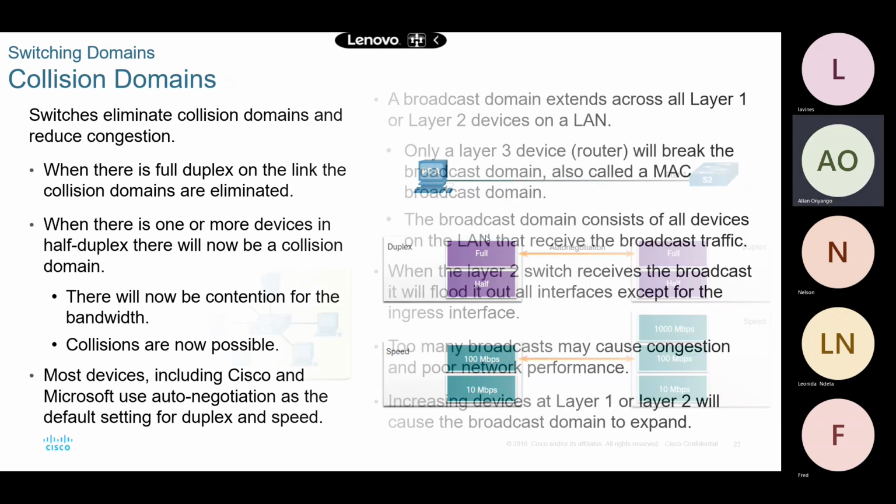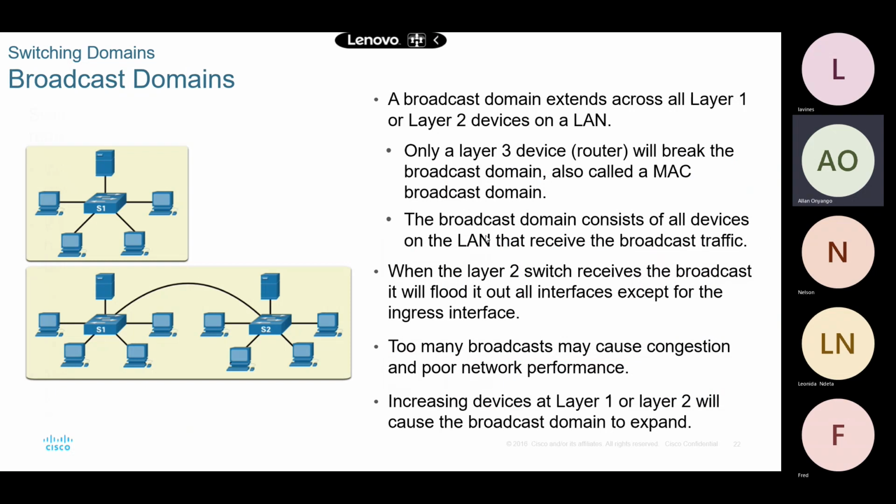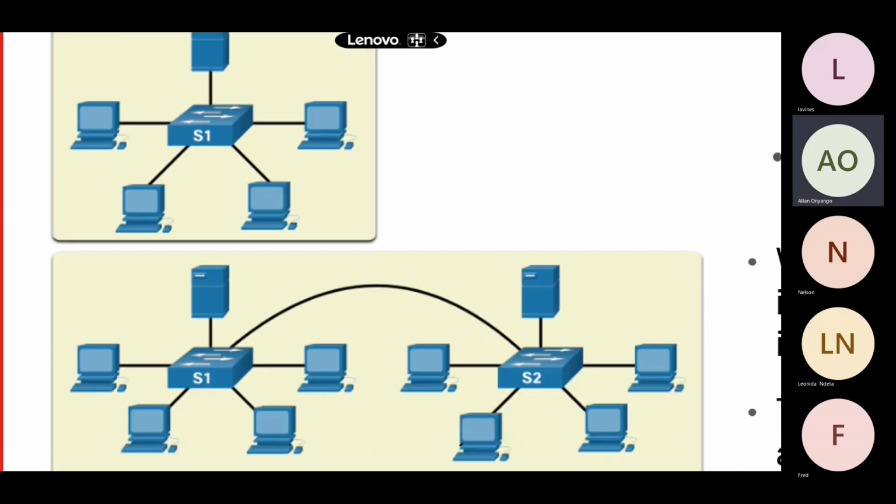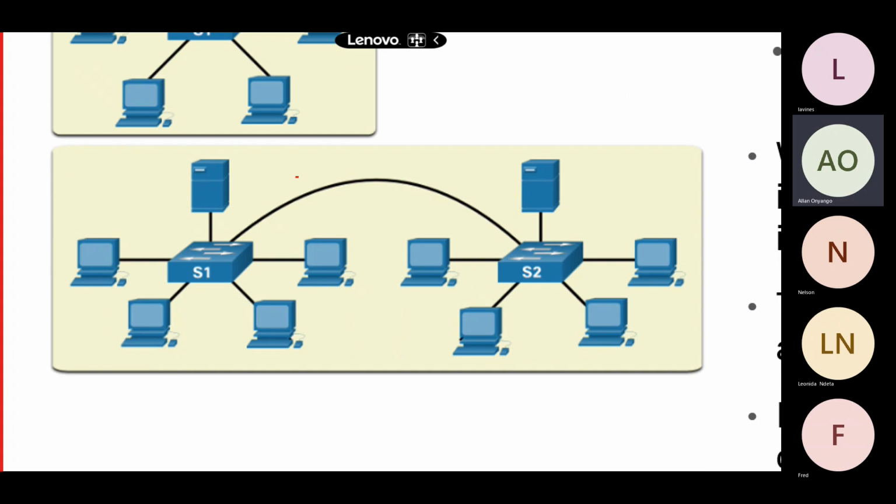It's also important to note that apart from the collision domain, we also have what is called a broadcast domain. You can look at this diagram we have here. Let me zoom this in. We have a switch connected to a switch.